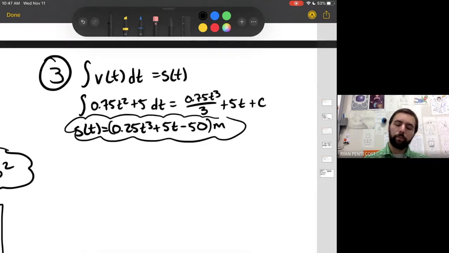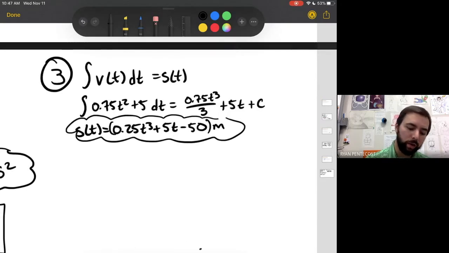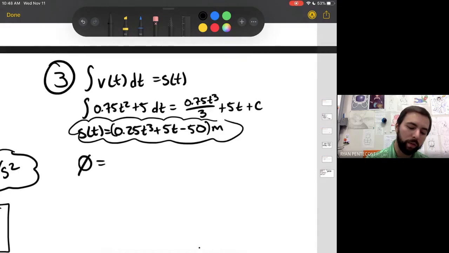Now, again, not the end of our problem. Here, this gets complicated because then we need to find t when the position is 0. So when you set that equal to 0, we find 0.25 t cubed plus 5t minus 50.